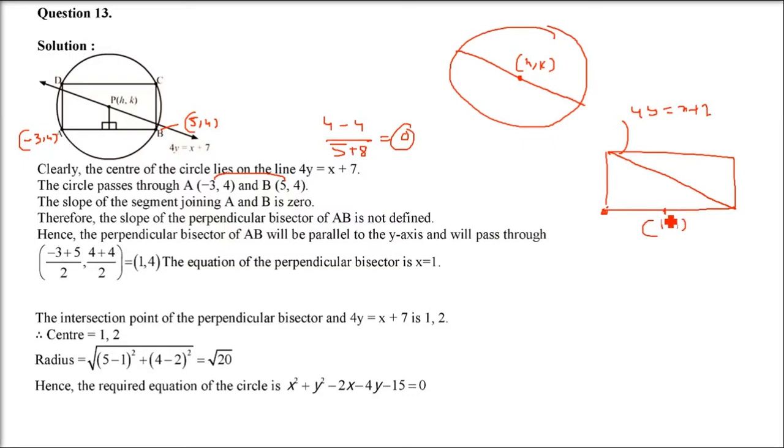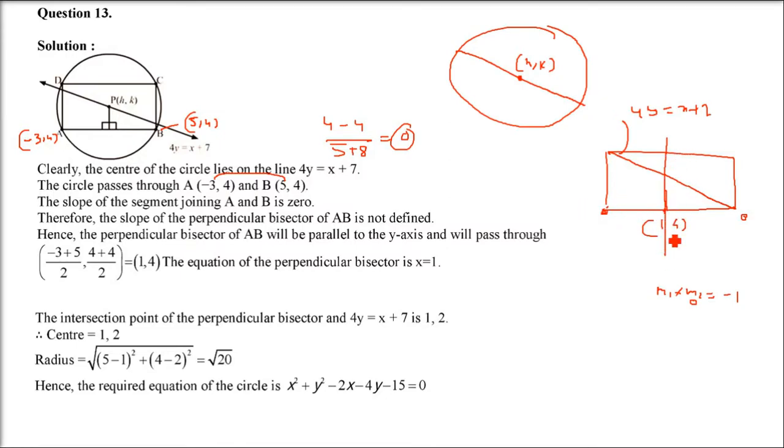We have found the midpoint by (x2 plus x1) by 2 and (y2 plus y1) by 2, that is (5 plus minus 3) by 2 and (4 plus 4) by 2. What is the slope? As I said, it is 0. And what will be the equation of the perpendicular bisector? As I said, this AB is parallel to the x-axis, so of course the perpendicular on it will be parallel to the y-axis. So it will be only an x coordinate. I hope you got the idea. This perpendicular bisector on AB is having only x equals 1.